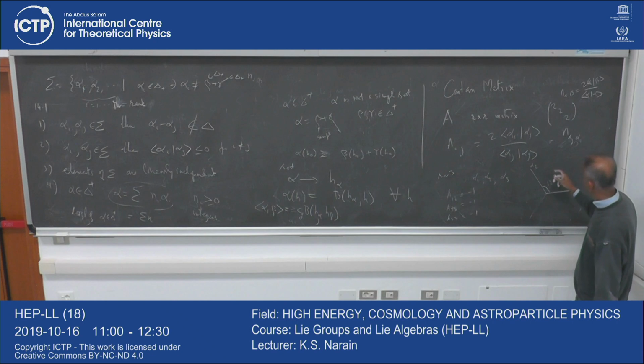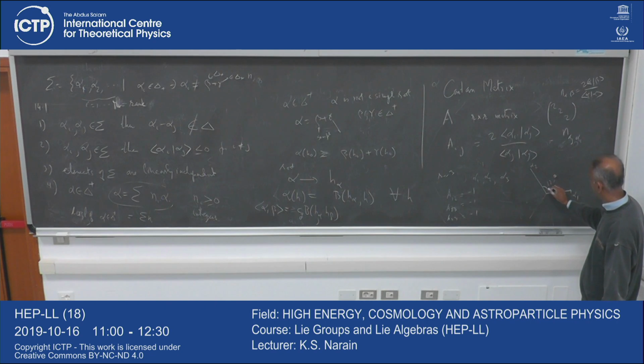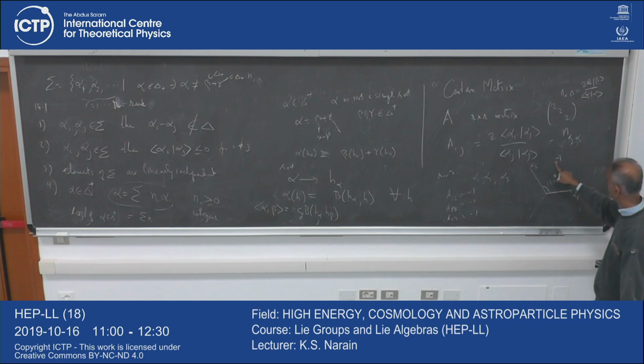And so when you have just one minus 1, you get that. When you have minus 2, as we said, one of them I can always put as minus 1, say N_ij, then N_ji can be either minus 1, minus 2, or minus 3, right? The product of the two has to be 1, 2, or 3.